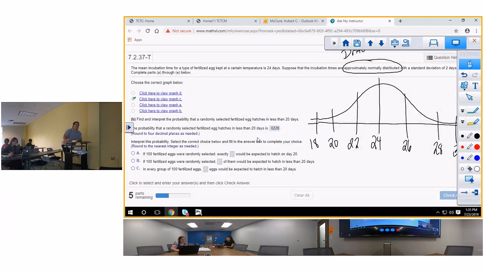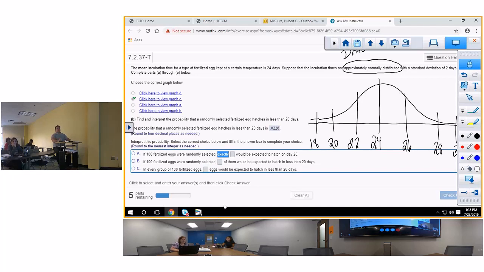Oh my Lord, this is where they ask 15 of the same questions. All right, so if you have 100 eggs, that's 2.3, which is going to be 2 eggs. What did I tell you about the word exactly?